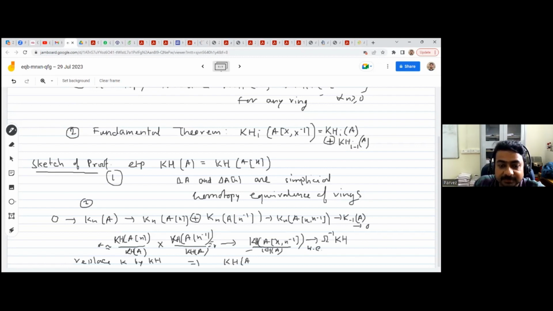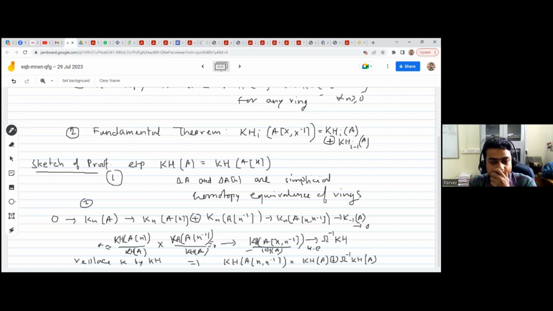So this implies kh of x inverse is equivalent to kh of a direct sum the omega inverse of kh of a.